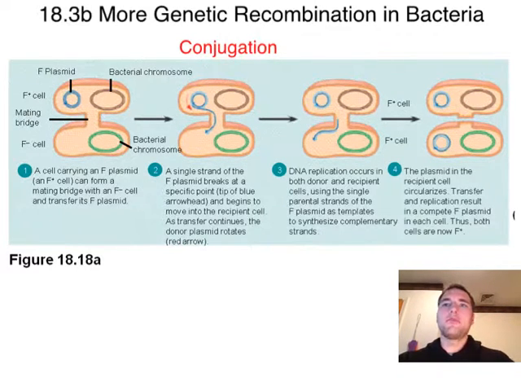When it is the F plasmid that is transferred from one side to the other, we have a special type of replication, so that at the end we have two copies of the F plasmid. This diagram copied poorly, but the original plasmid is in dark blue, and the plasmid is separating its strands so that one of the dark blue strands comes across into the second bacteria, and one stays here.